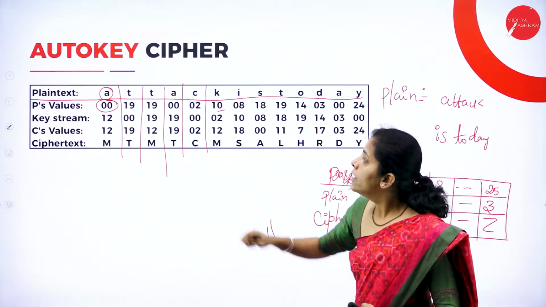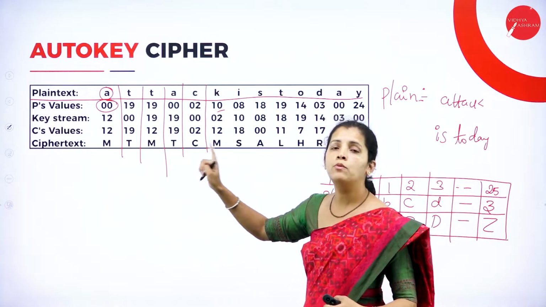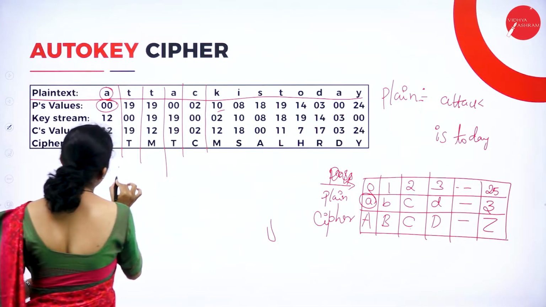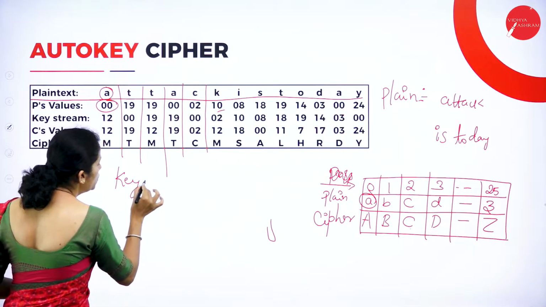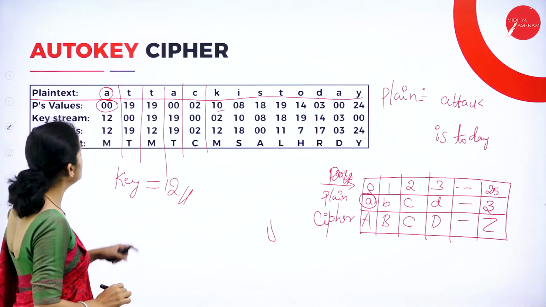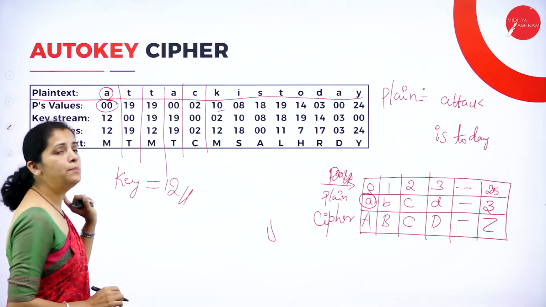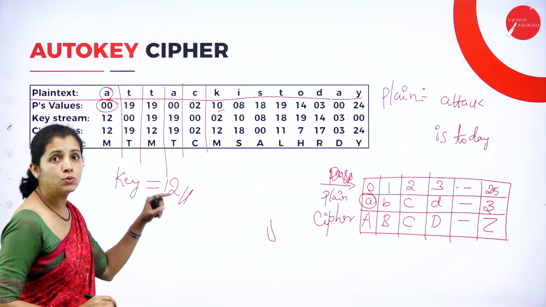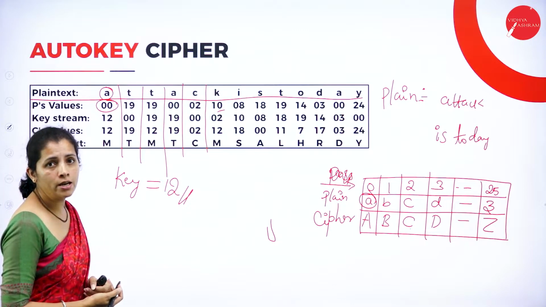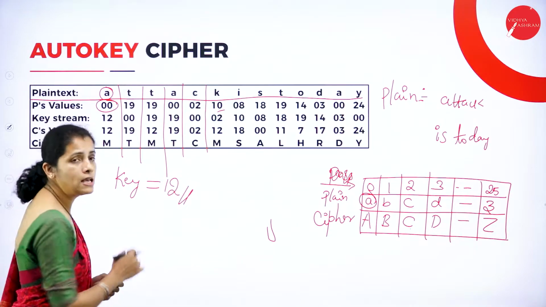Now, as I discussed, I want to consider the key. So what is my key here? Key is 12. So here key is 12 and this key is agreed between sender as well as receiver. That means the key is shared between sender as well as receiver.